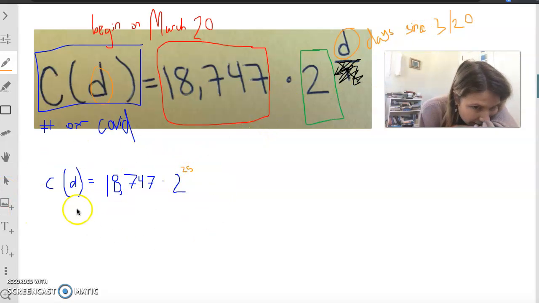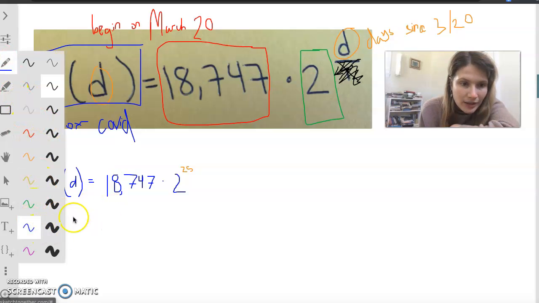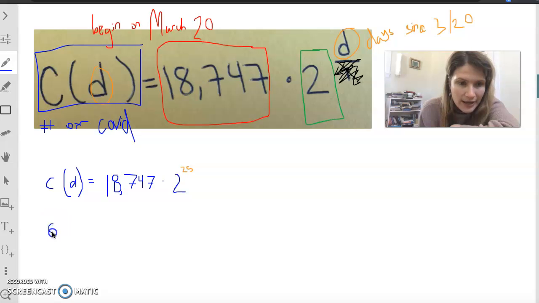Okay, so now I just have to plug this into my calculator to get my final answer. I'm first just going to copy down this.